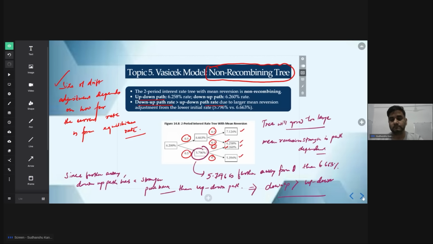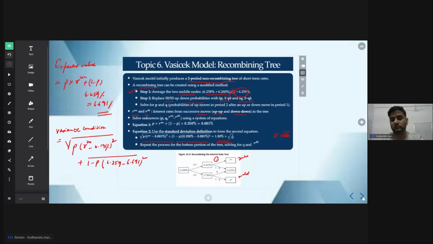So we equate the variance condition to sigma root dt, where dt is obviously 1 by root 12 squared. So this is your second equation.